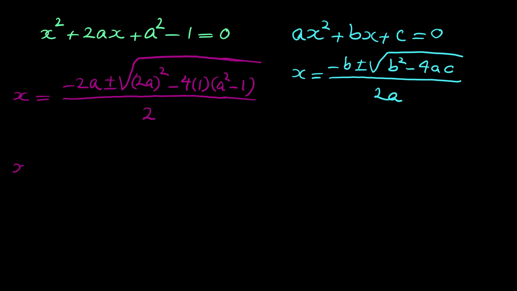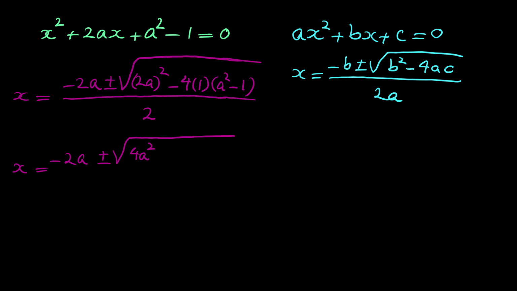Now let's simplify inside the radical. x is negative 2a plus minus radical 2a to the 2, which is 4a to the power of 2. 4 times 1 is 4. All of this is 4. Now we have to multiply this 4, or basically negative 4, in the bracket. So we want to multiply negative 4 in the bracket.